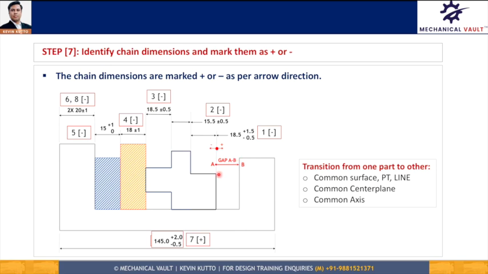So that is how I started my journey from starting point A. I built a continuous chain. There is no break in between. I passed from one part to another part through common surfaces, and with this continuous chain, I completed my journey from starting point A to the end point B. So that is how we can build a dimensional chain and assign positive or negative annotations.